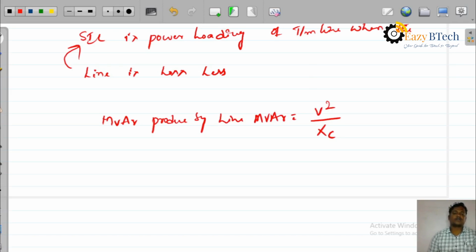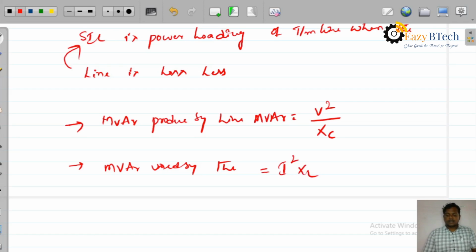This is how much reactive power is generated due to the capacitance effect of the transmission line, and the reactive power absorbed or used by the line depends upon the XL value, I square XL.